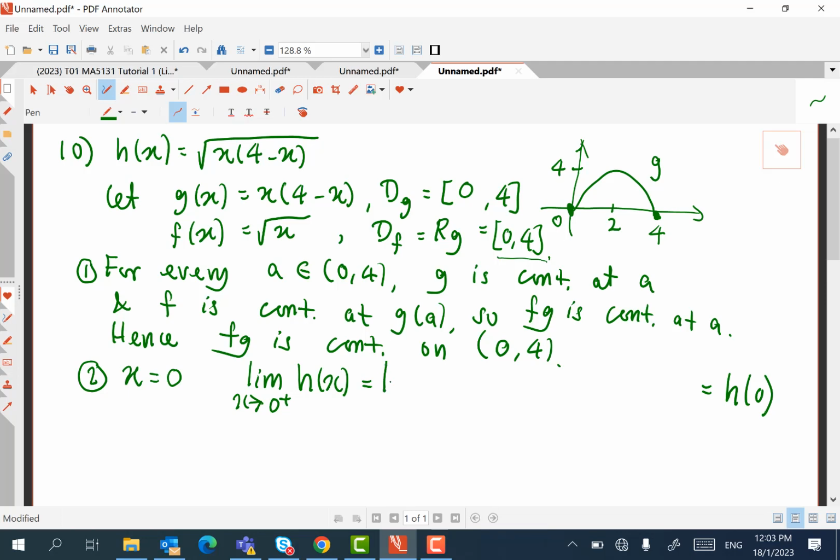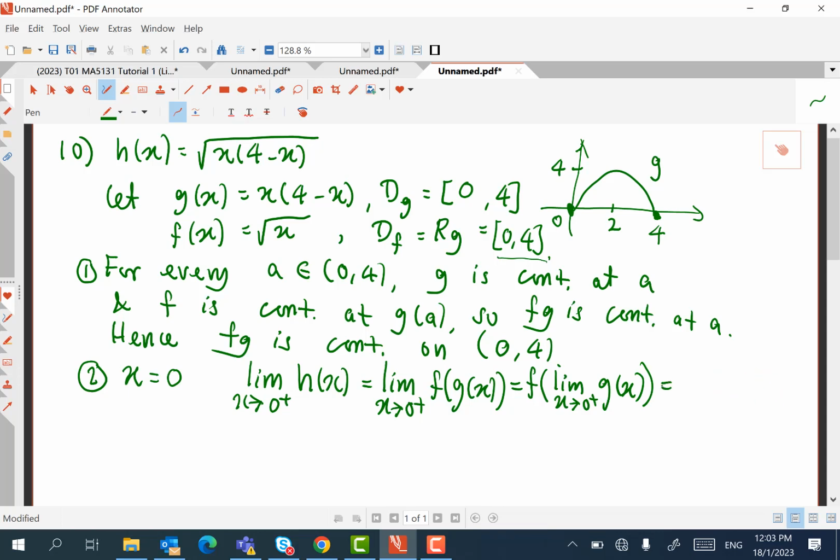This becomes the limit, and because function f is continuous, this becomes the limit, and this equals f of g(0) because g is continuous, and therefore this goes to h(0).